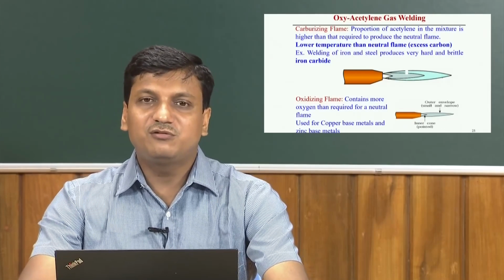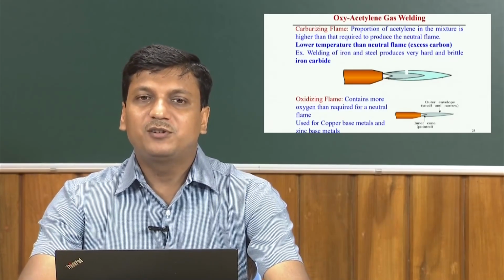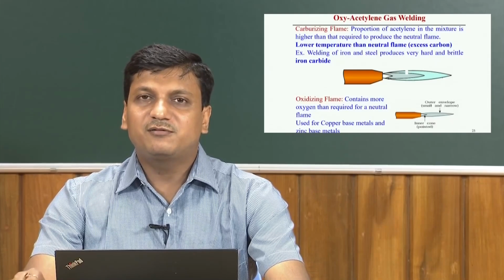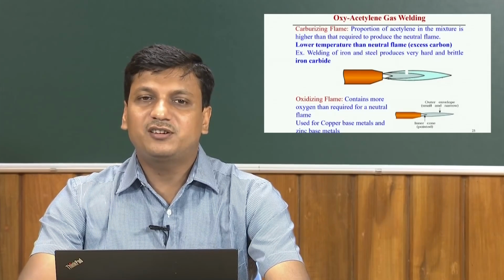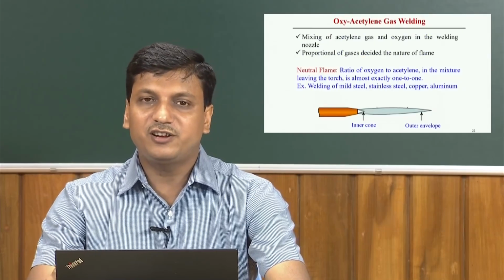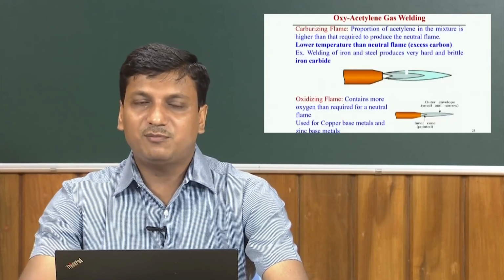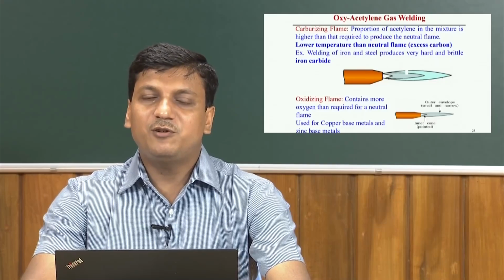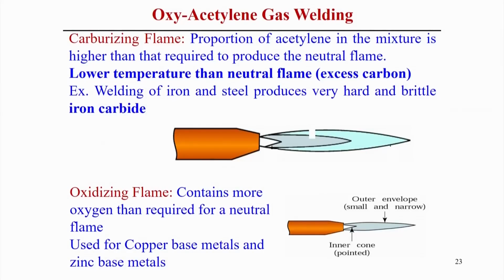If you look at this figure, the flame creates 3 different envelopes: the inner cone, and apart from it 2 outer envelopes, created due to the mixing ratio between oxygen and acetylene.